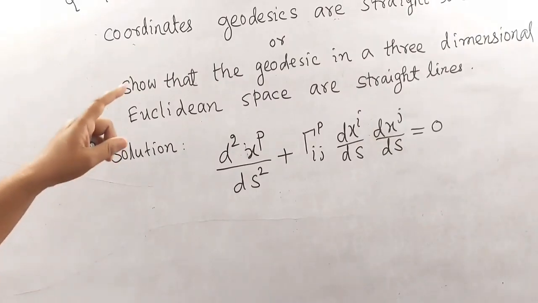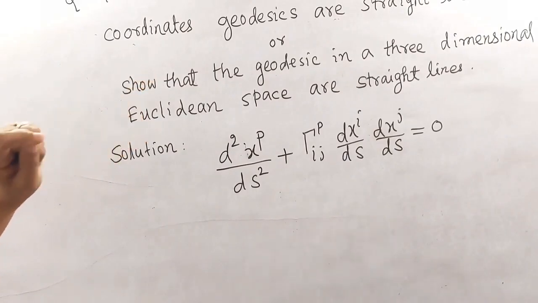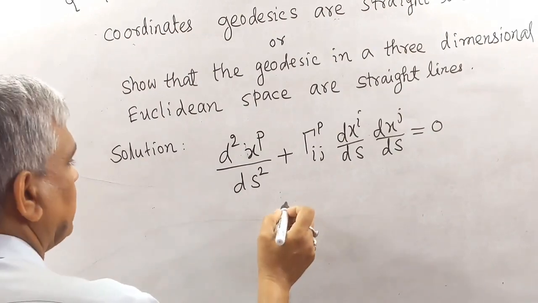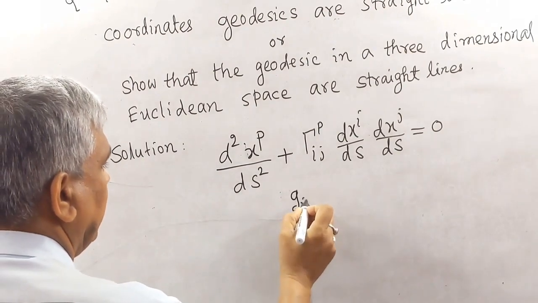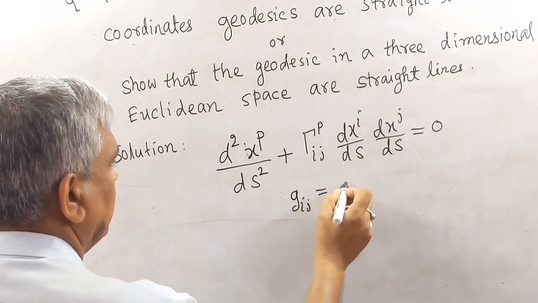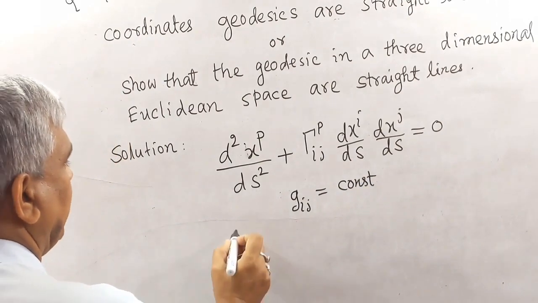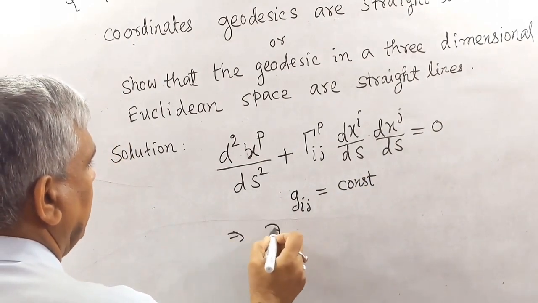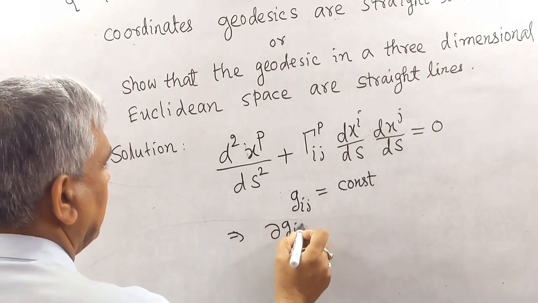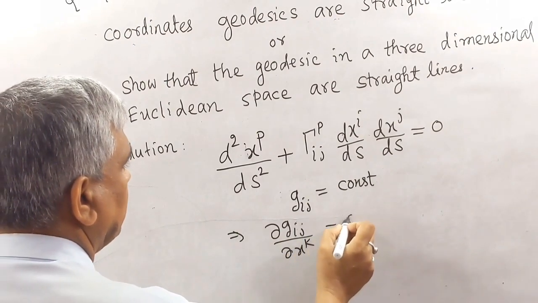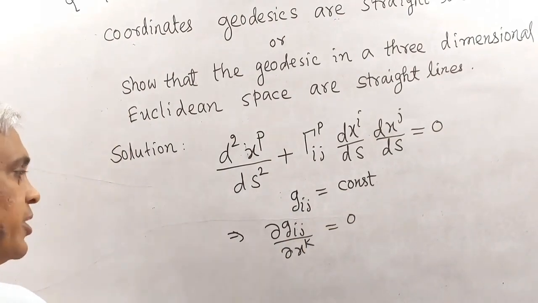Given that it is in Euclidean space, rectangular coordinates. So in that case, metric tensor is constant. Gij equal to constant. Implies that del Gij by del xk equal to 0, derivative 0, constant.